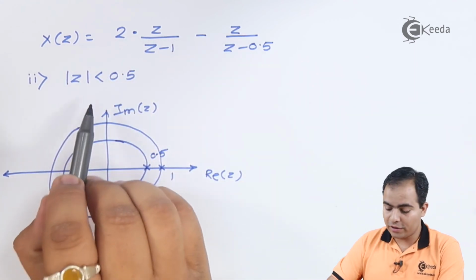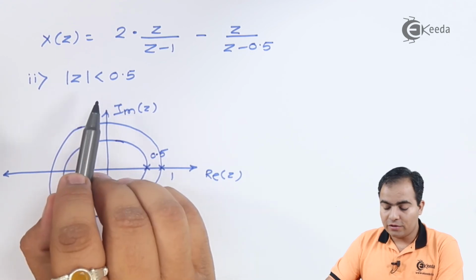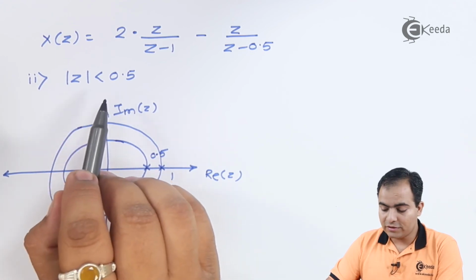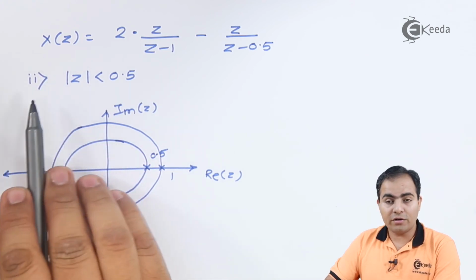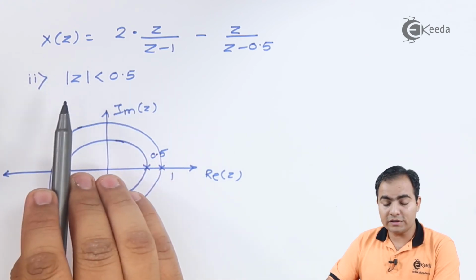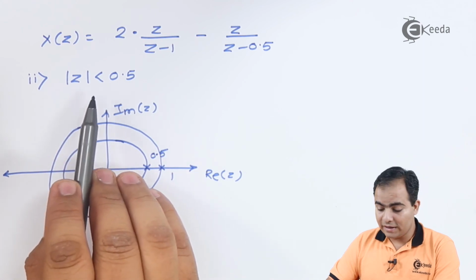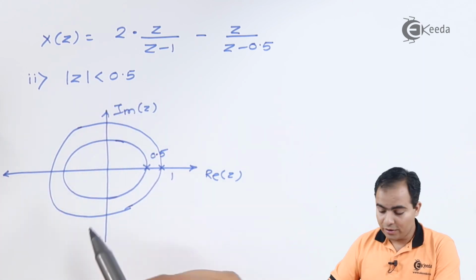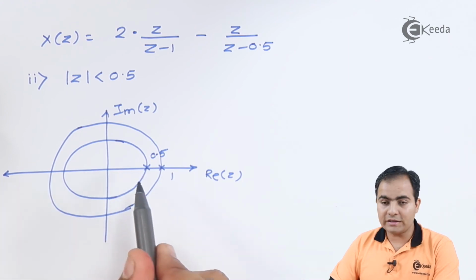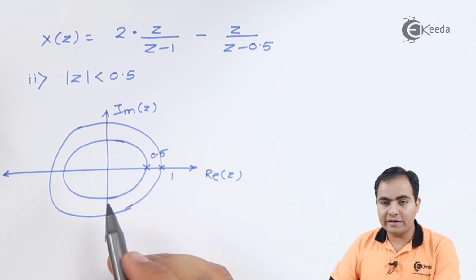Here we are going to find out the inverse z transform of x of z for the non-causal ROC. Non-causal ROC means here mod z is less than 0.5, that is, the ROC is available inside the 0.5 radius circle, or you can say the interior part of the 0.5 radius circle.